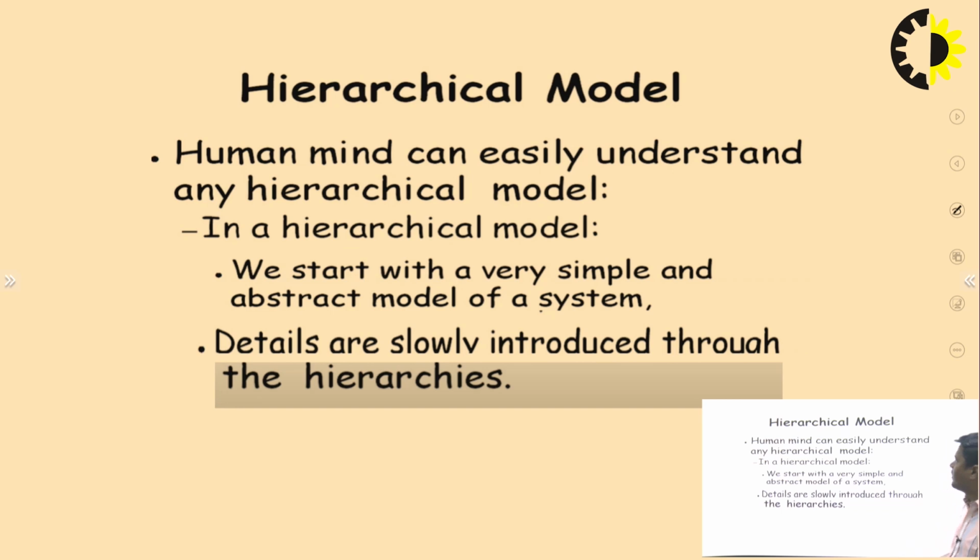In a hierarchical model, we start with a very simple and abstract model of a system. Second point, details are slowly introduced through the hierarchies. These are some basic other points of DFD.